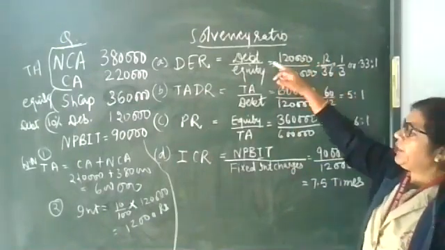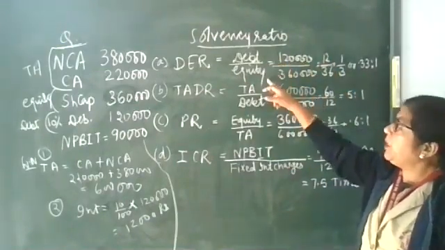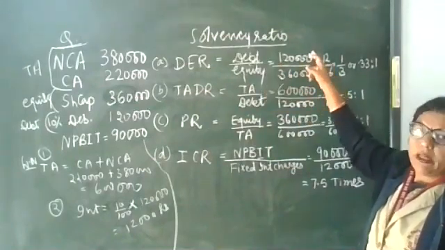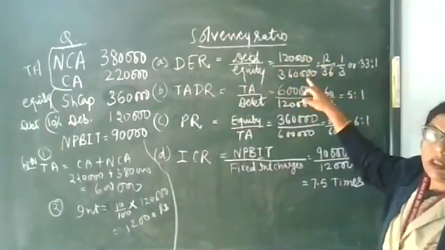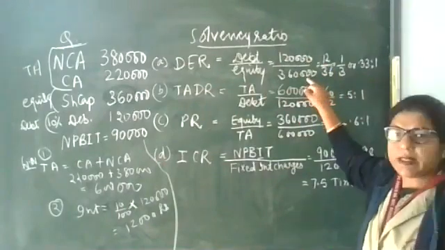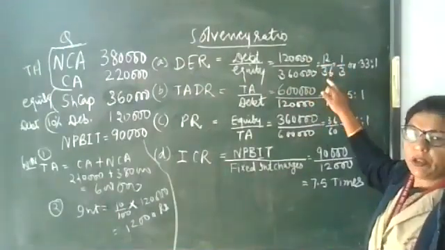Debt equity ratio, debt upon equity, debt is 120, equity is 360, 12 upon 36.